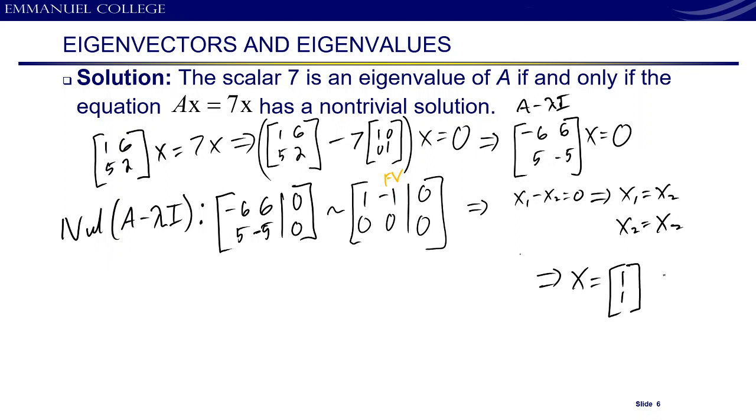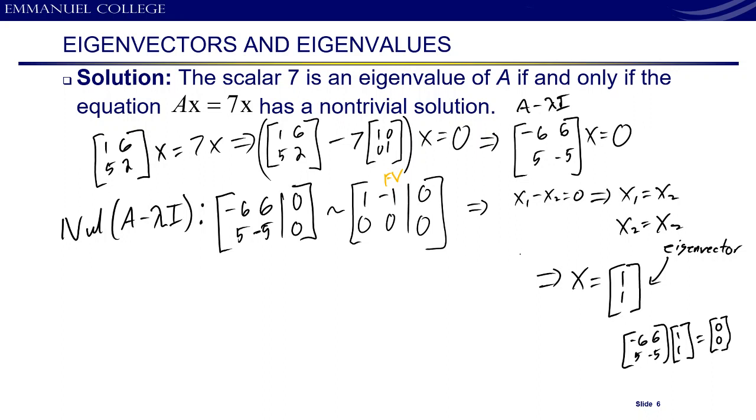So this is your eigenvector. And we got the eigenvector from doing the original matrix minus the eigenvalue times the identity matrix. And if we wanted to check this, if I do -6, 6, and 5, -5, multiply that by 1, 1, then I do get 0, 0.